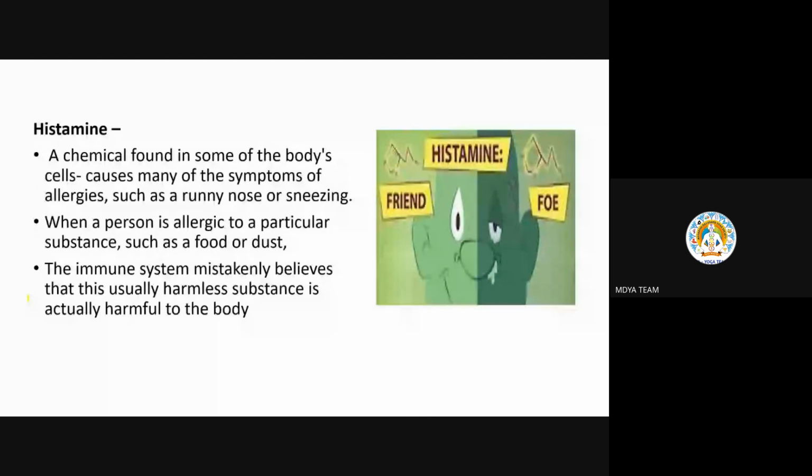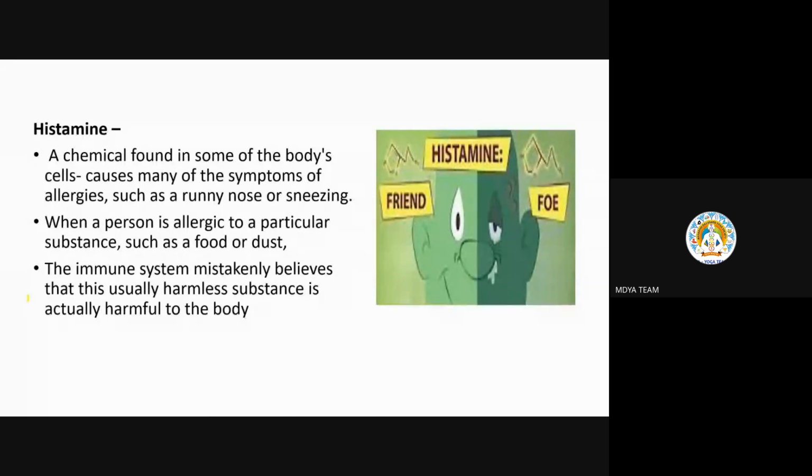Though these outside particles are not harmful for our body, as our immune system is not that strong, it wrongly understands these allergens or tiny particles to be very harmful for me.